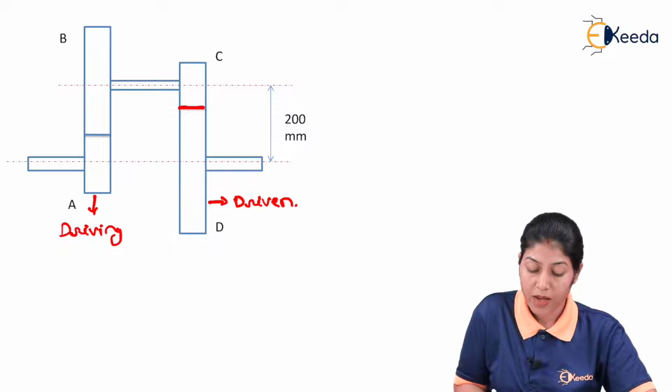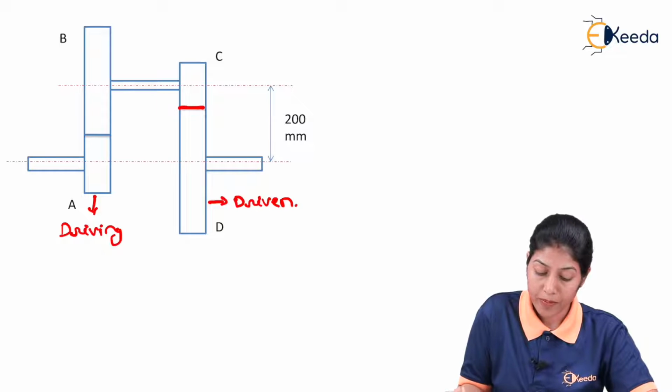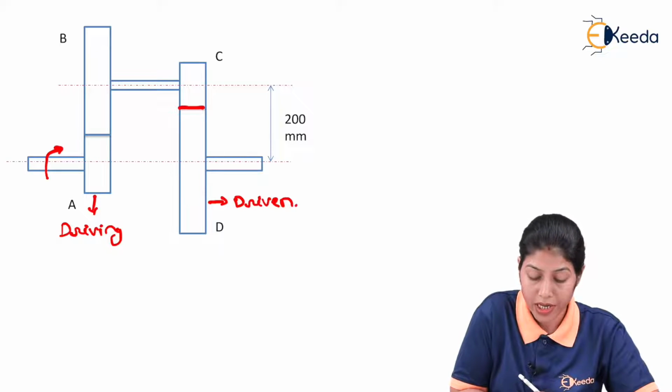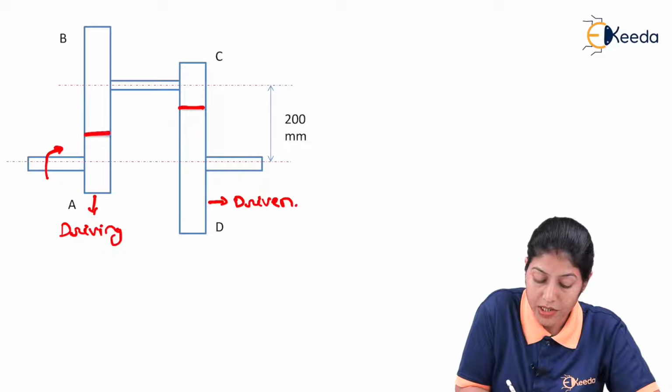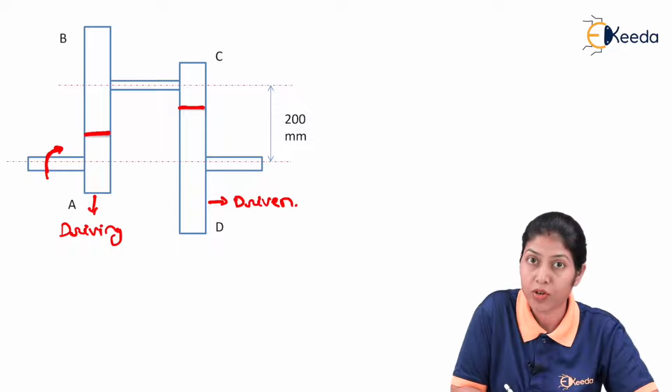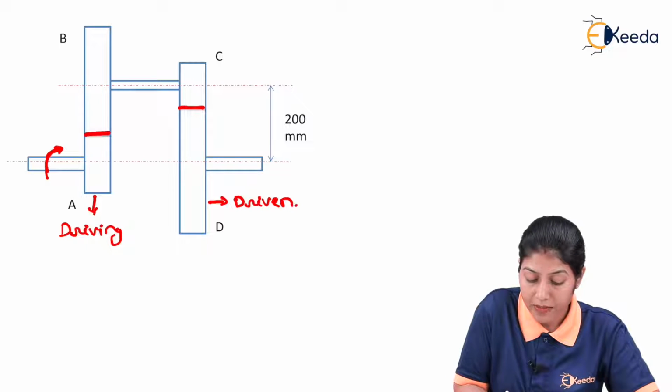So here we have this particular diagram. A is the driving gear which is rotating with a particular speed in a particular direction, and it is in meshing condition with gear B. So whatever direction we are considering for gear A, opposite direction we will consider for gear B, and the speed will also be different, and it depends on the number of teeth over this gear B. Gear B and gear C we are considering as a compound gear which is mounted on a same shaft.